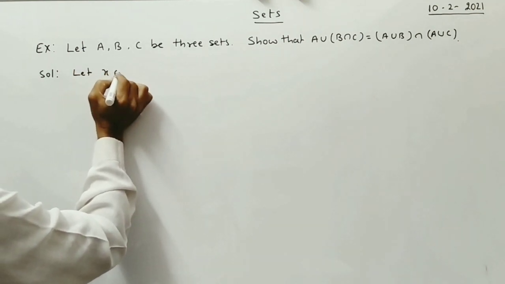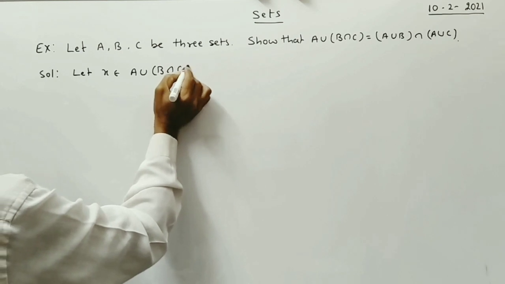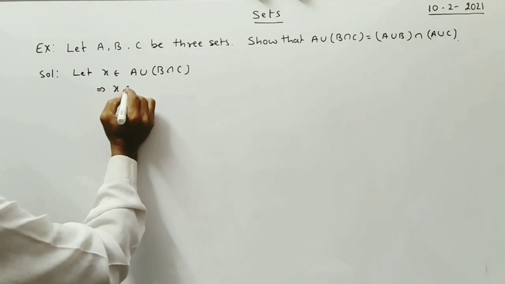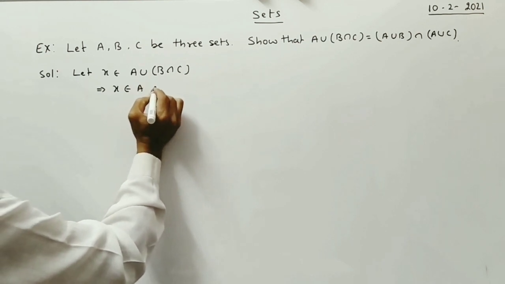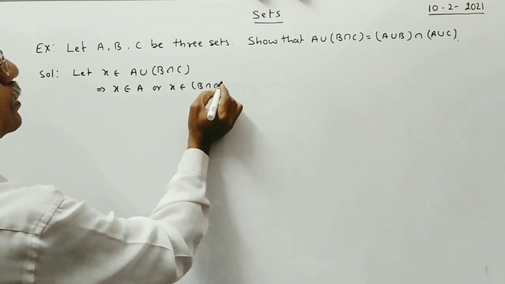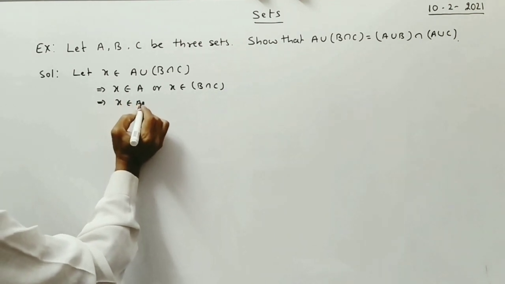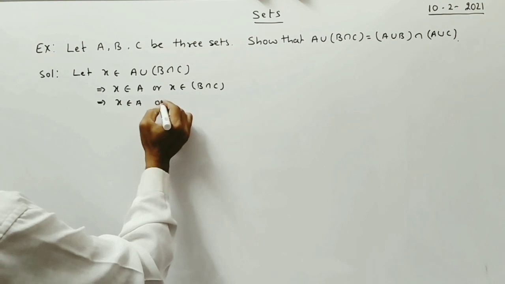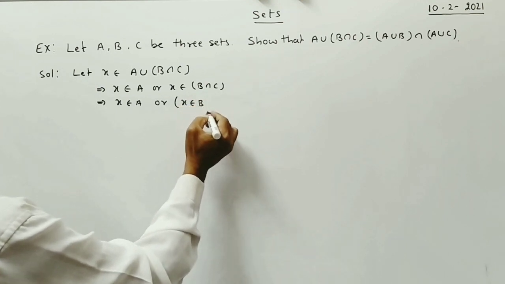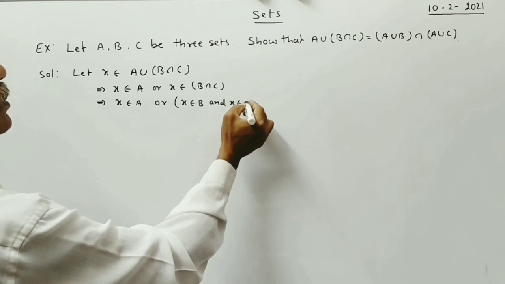Let x belong to A union of B intersection C. This implies x belongs to A or x belongs to B intersection C. This implies x belongs to A or x belongs to B and x belongs to C.